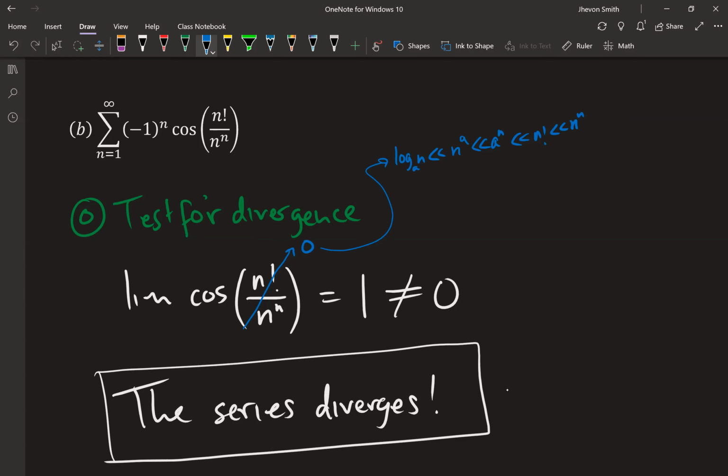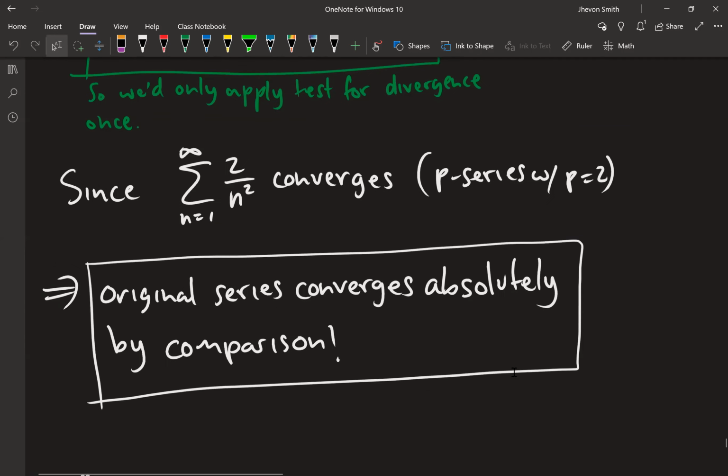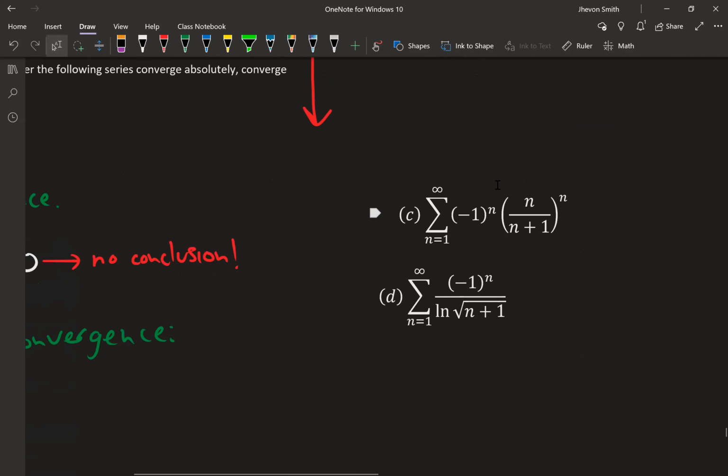So on the inside, the denominator is growing a lot faster than the numerator. So the inside of the cosine is going to 0. But cosine of 0 is 1. So the limit goes to 1. Now, once the limit does not go to 0, it diverges. End of story. So that's it. That was the second one. Not so bad.